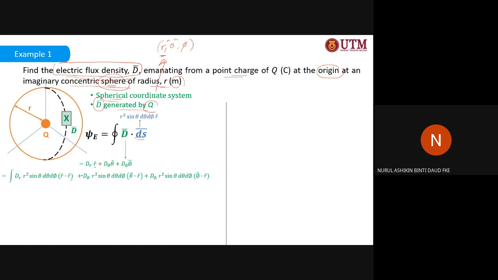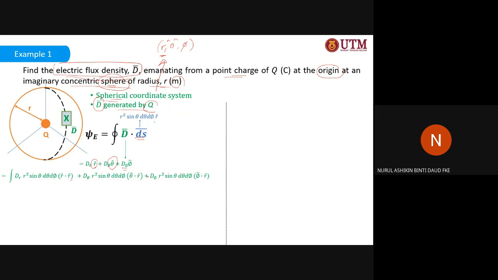One r direction is from this ds and another r direction is from here. So r direction dot product with r direction, plus D theta times r squared sine theta d theta d phi, r direction from this ds and theta direction from this general representation.